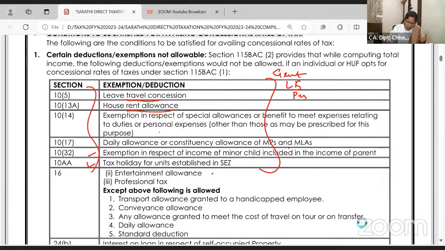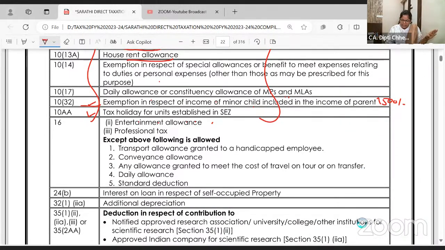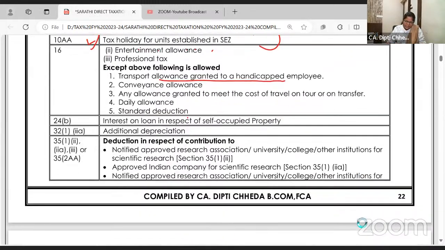But what you will not get in this case: leave travel concession for 4 calendar years, no. HRA, no. School and hostel expenditure, no. For every minor child, 1500 per child, no. SEZ, no. Entertainment allowance, no. Professional tax, no. Transport allowance for handicapped, you will get. Conveyance allowance for official tour purposes, you will get. Standard deduction you will get.